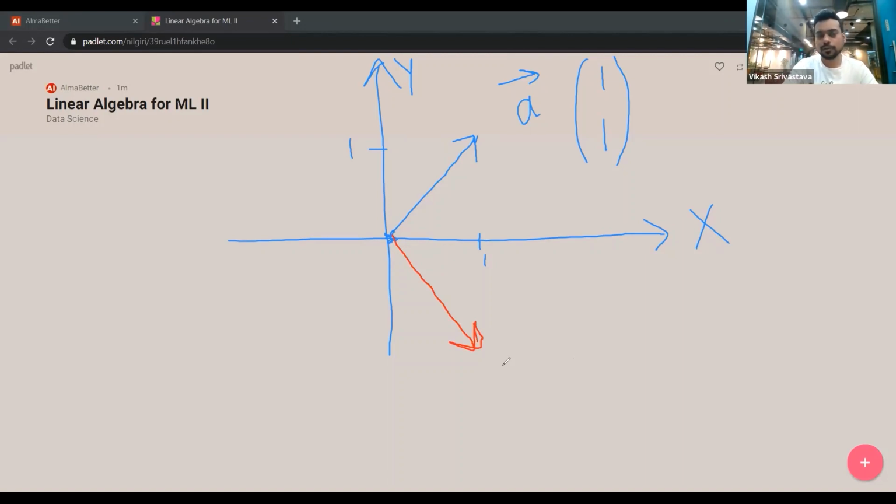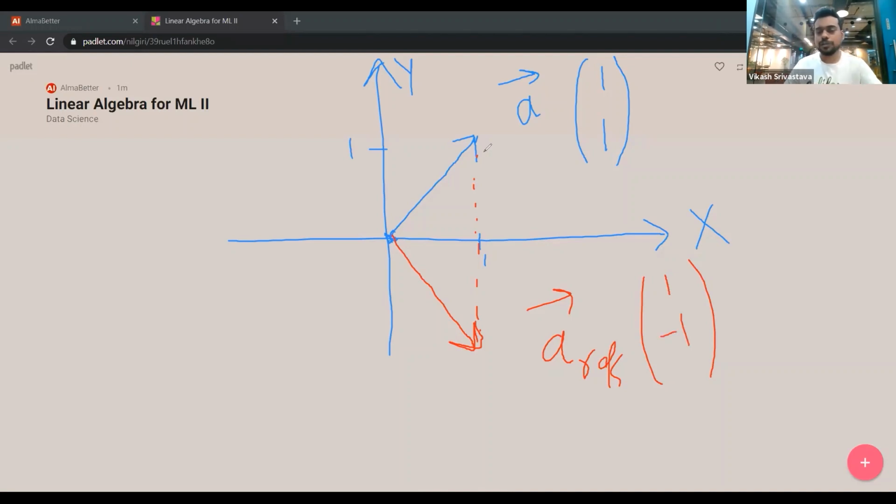Now let's call this the reflection. Can you tell me what this vector will be? You can write over chat. Don't write over the Padlet, just let me know over chat. So 1 comma minus 1. So this is 1 and this is minus 1.